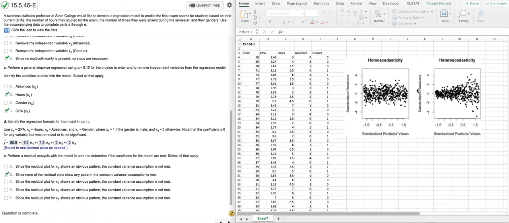But for heteroscedasticity, which is when we have a problem, you tend to see some sort of pattern develop within the residual plots, as you see here in this example. So this is a fairly good example of what a good residual plot would look like versus one where we have an issue. In more advanced statistics, there are some corrections for this issue.